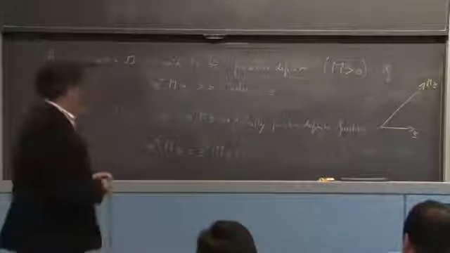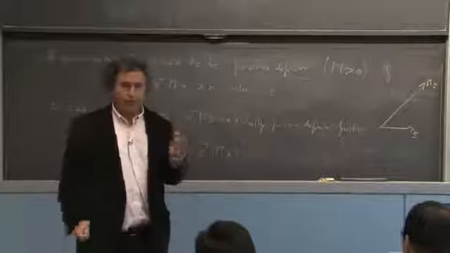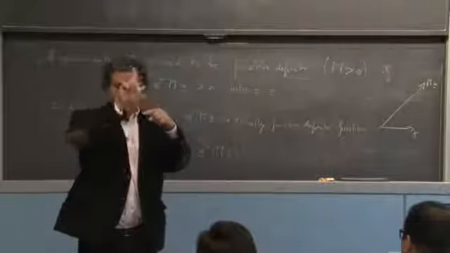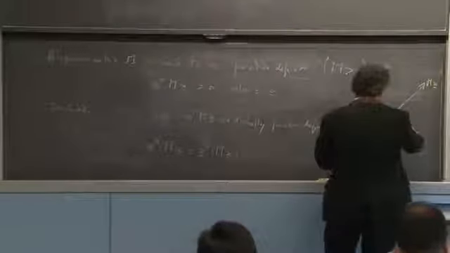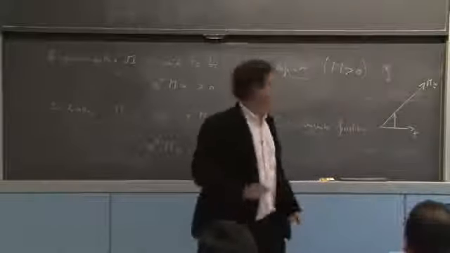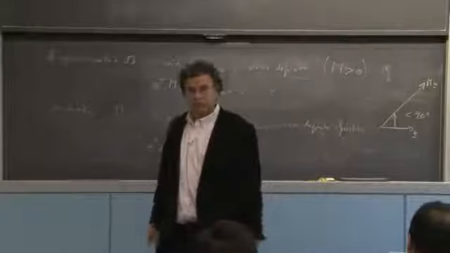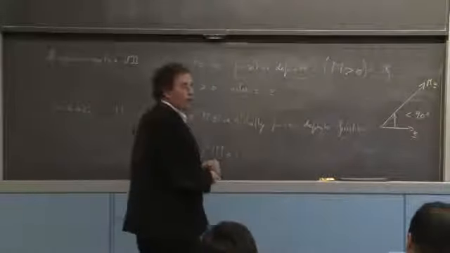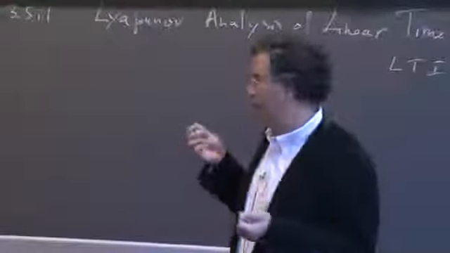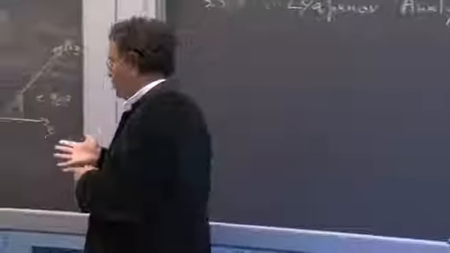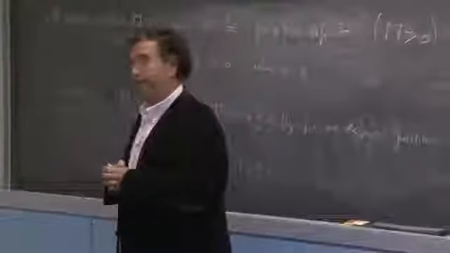So saying that a matrix is positive definite says that whatever x you take, the dot product of x and Mx is always positive. In other words, the angle in this n-dimensional space is less than 90 degrees. So if you take any vector, Mx makes an angle with x which is less than 90 degrees.